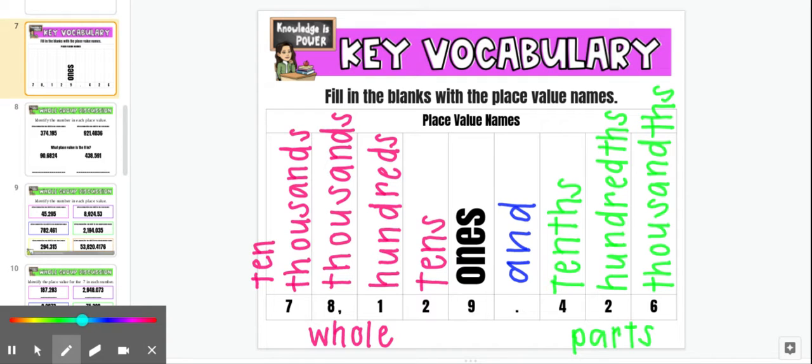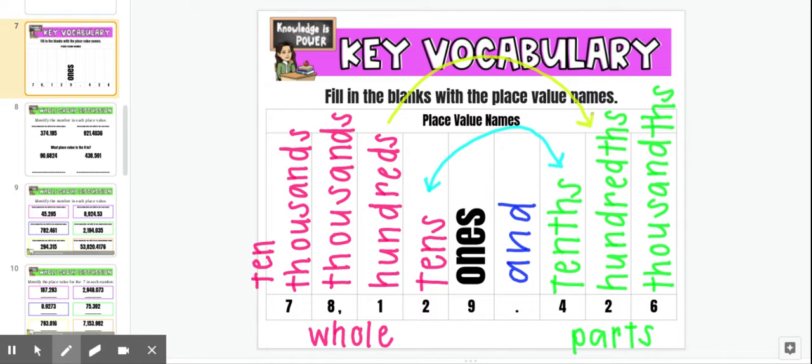So here's the pattern that I was talking about. We have tens and tenths. We have hundreds and hundredths. And we have thousands and thousandths. The confusion comes in because there's no oneths. There's nothing called oneths.